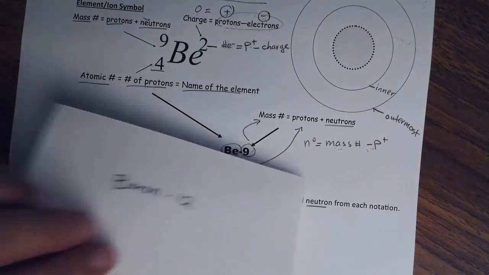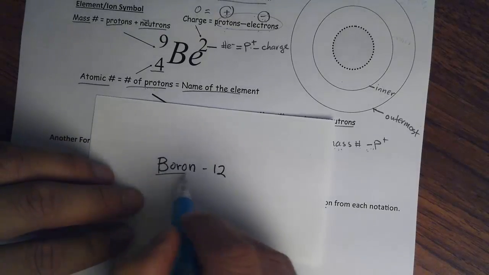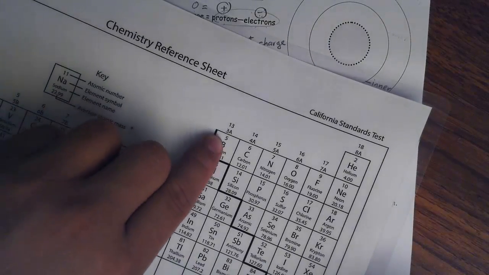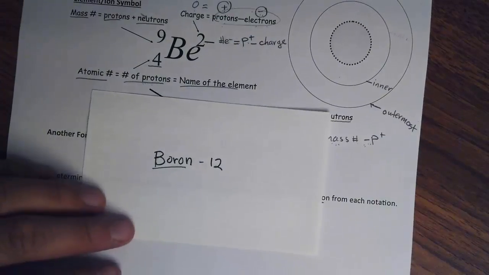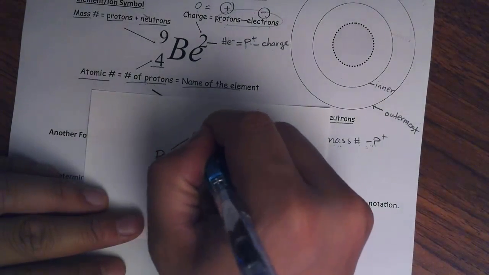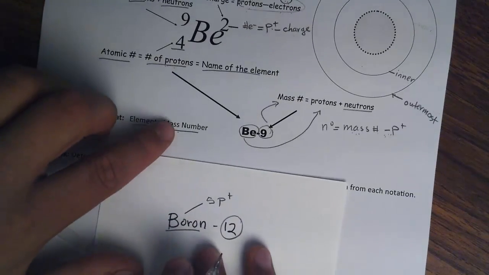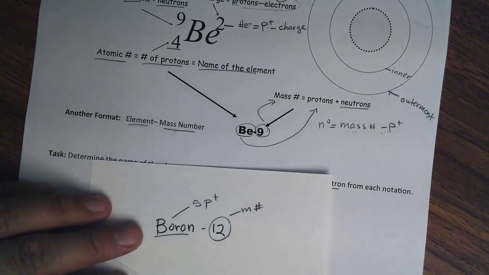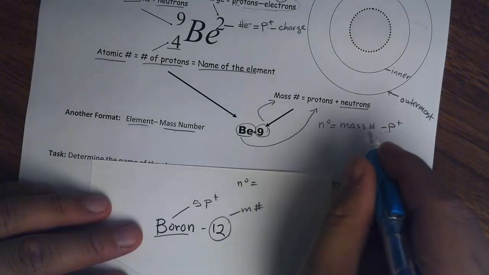We have boron. And what is boron? If we go back to the periodic table, boron is right here, represented by the atomic number 5, which equals the number of protons as well. So that tells you that there are 5 protons. And this, again, is the mass number. From there, we can find the number of neutrons, which is mass number minus protons.